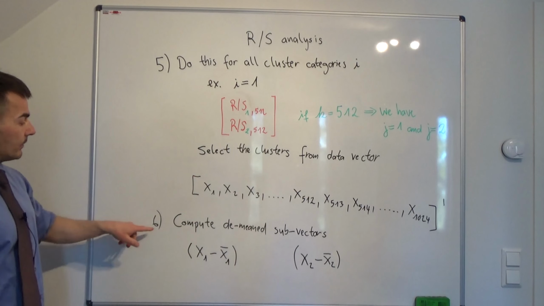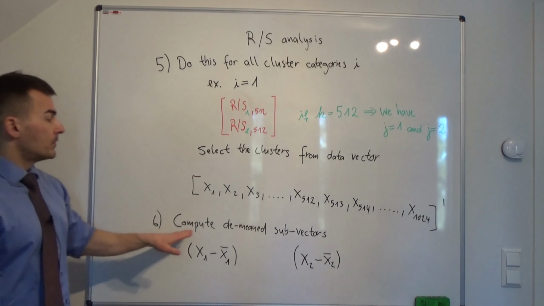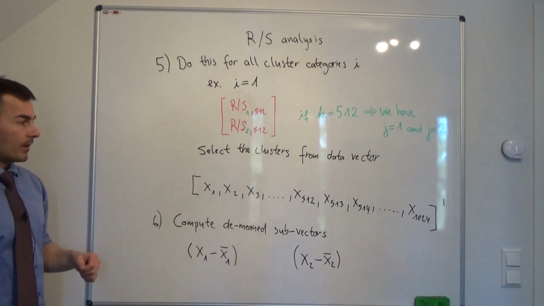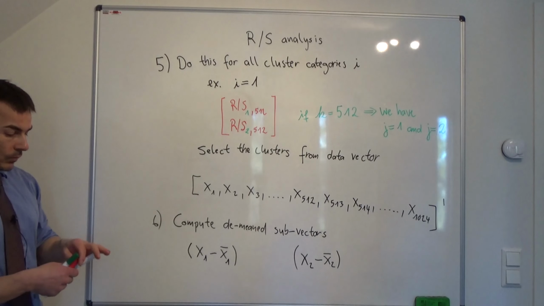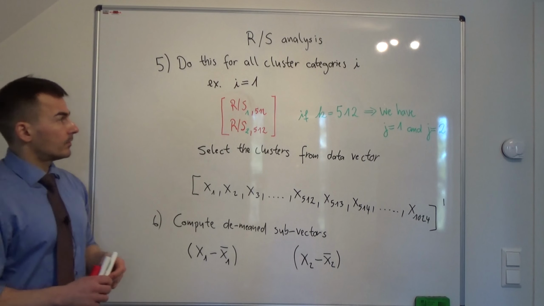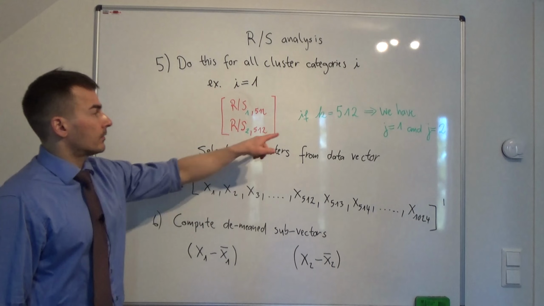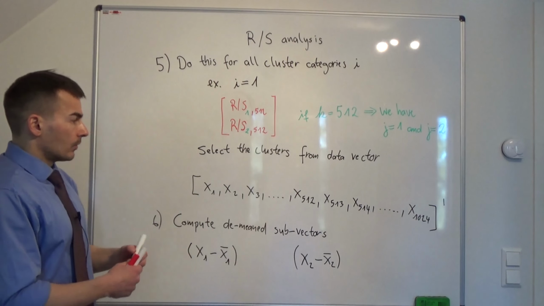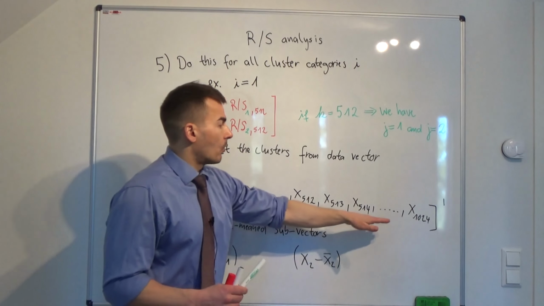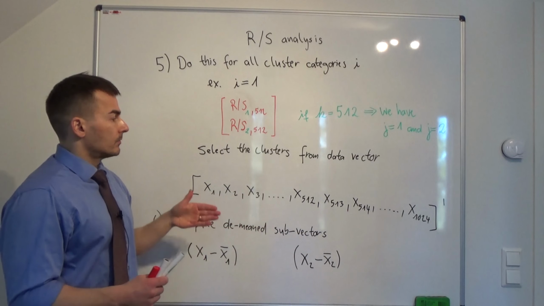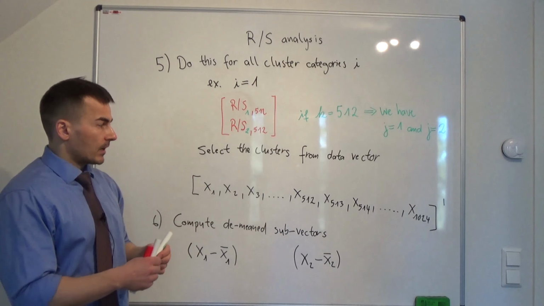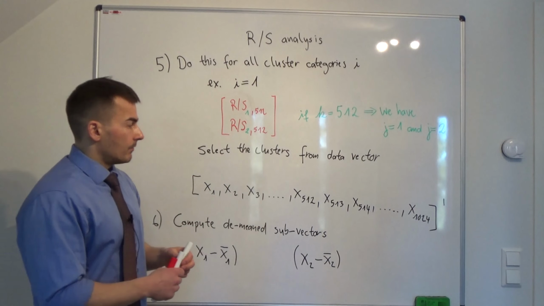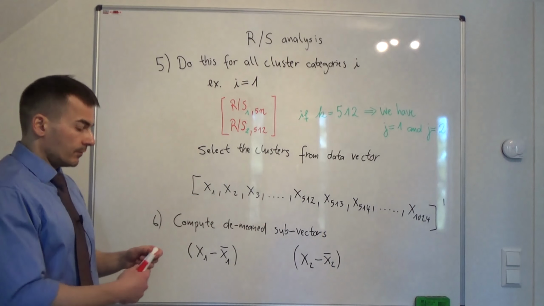The next step, the sixth step, is then we have to compute the demeaned subvectors. So we know that our cluster size in the first iteration is 512. So that means we have to divide our data vector in 2 subvectors that have the dimension 512 by 1.